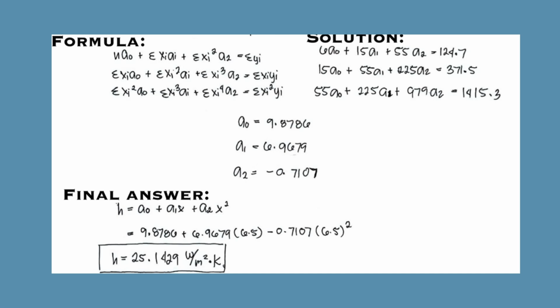So after that, we're going to input it: 9.8786 plus 6.9679 times 6.5 minus 0.7107 times 6.5 squared.